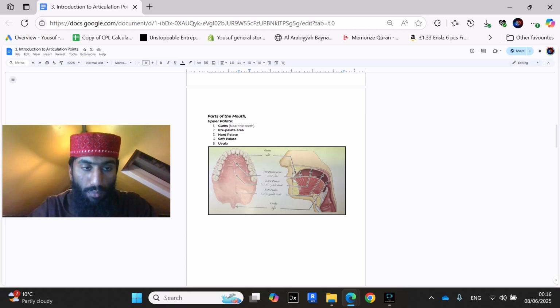Then we reach a point where it starts to feel a bit softer, less harsh. That's where we get to know the top of the palate, where it starts to level off. Now that's the end of the prepalate. We're starting the hard palate.